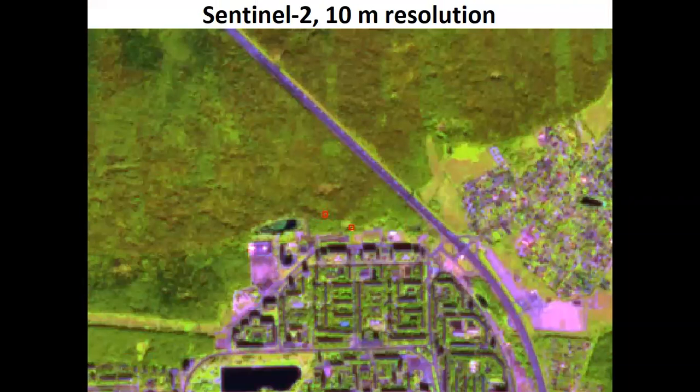This is an example from the image from Sentinel-2. And this is exactly the same area in Moscow we have seen in these examples, and in the center these two red squares are the pixel projections of two Landsat images, and this is the area we have seen at high resolution a few slides above.